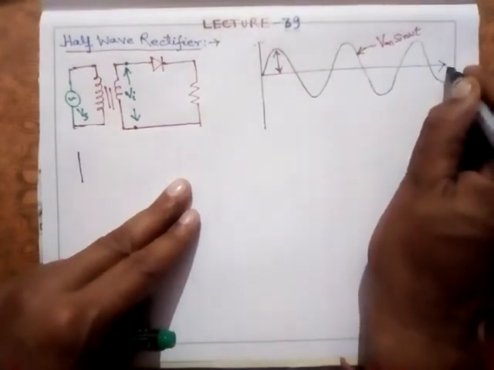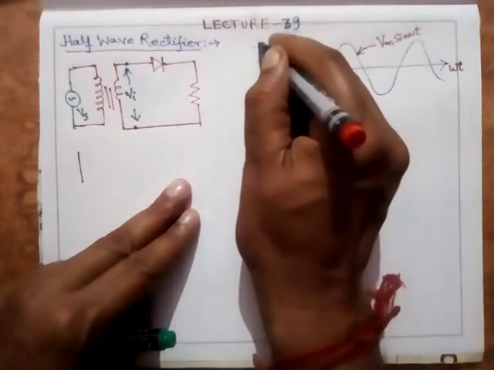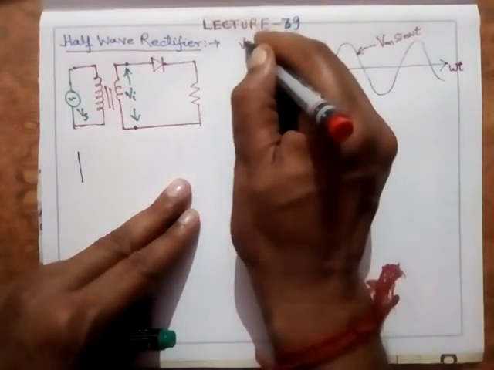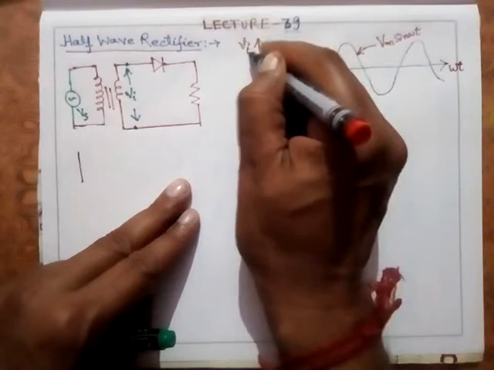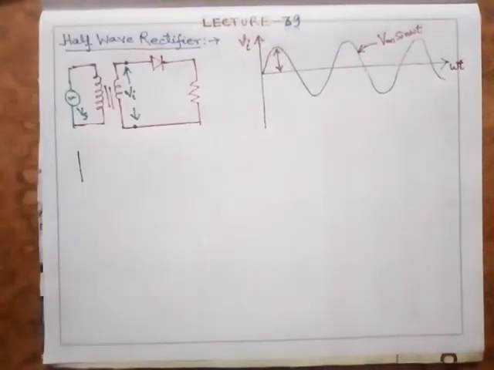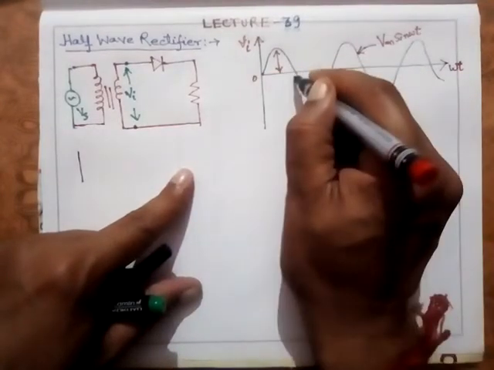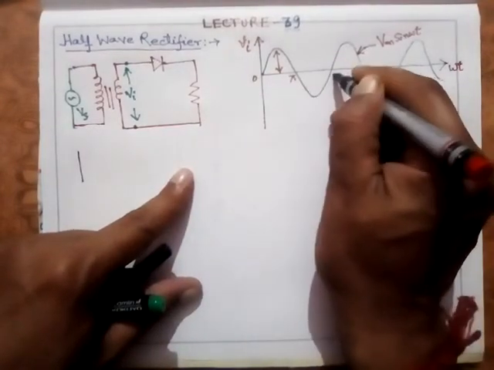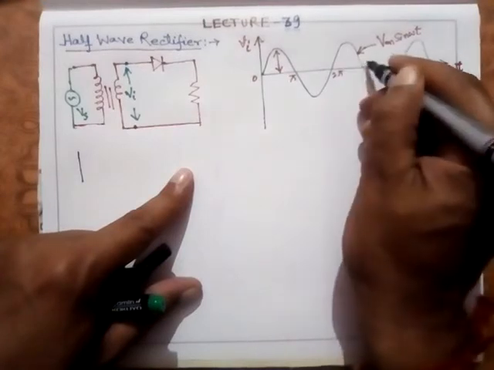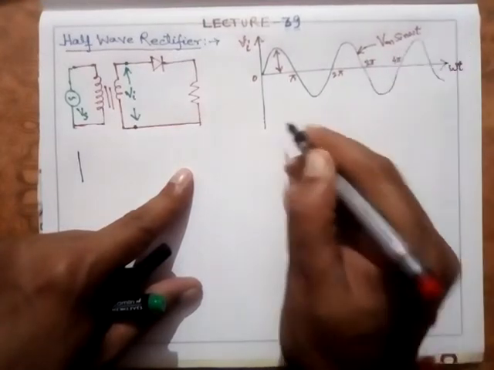With respect to omega t, I am showing here that this is the voltage Vi, the voltage between these two points. And suppose this is 0, this is pi, this is 2 pi, 3 pi, 4 pi, and so on.